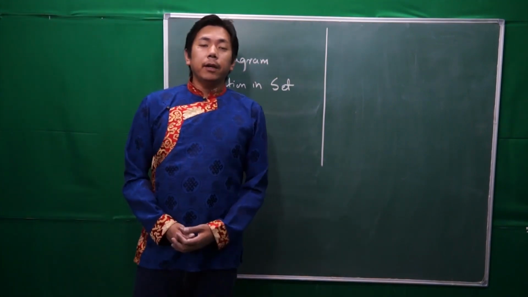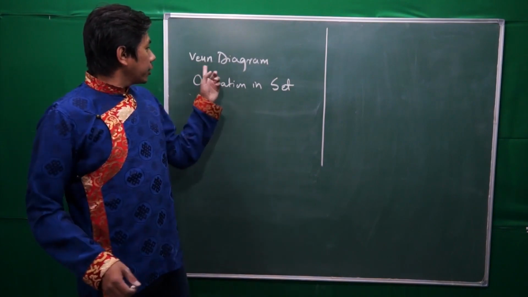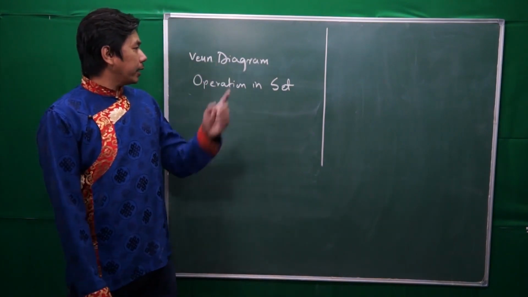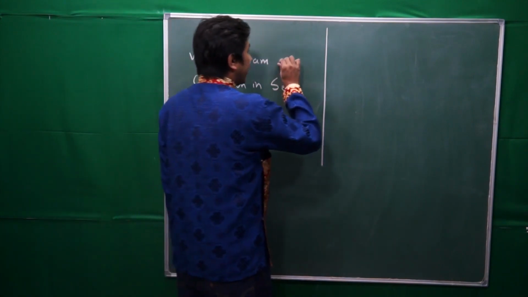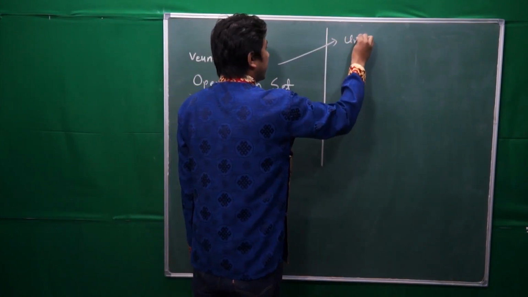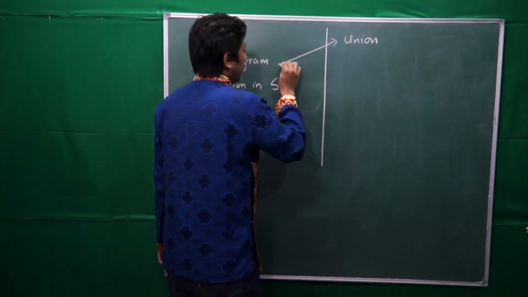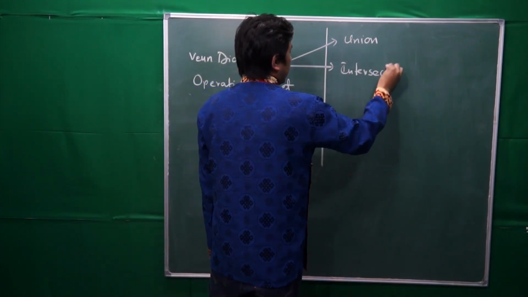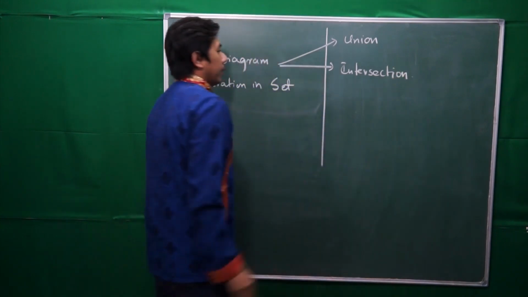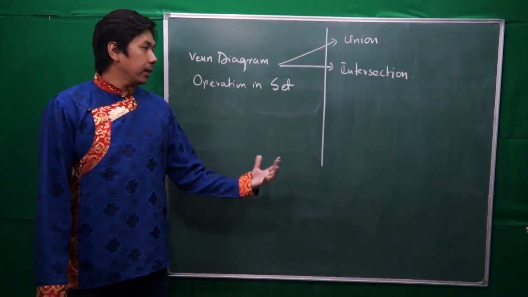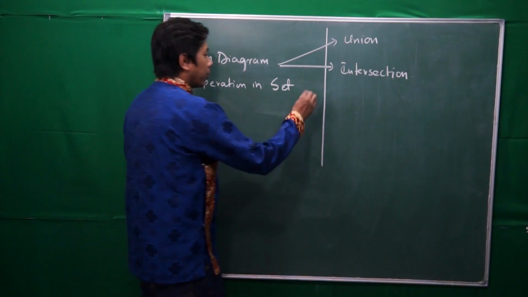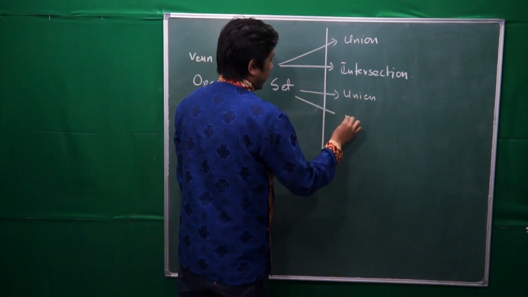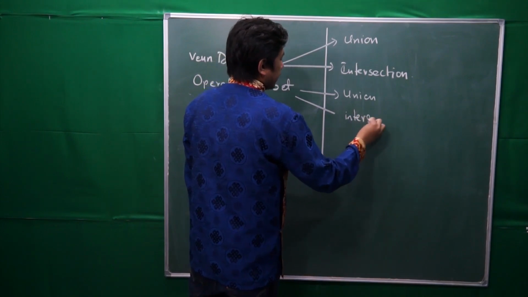So in this way we have completed both the topics, which are Venn diagram and operations on sets. You can clearly see that with a Venn diagram we are easily able to represent union, intersection, and certain operations as well. All right, so what are the operations that we did? We did union, we did intersection.